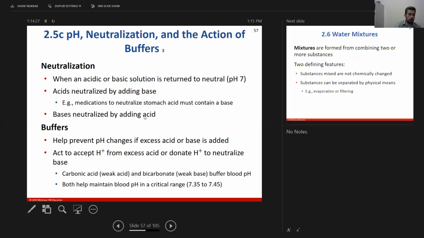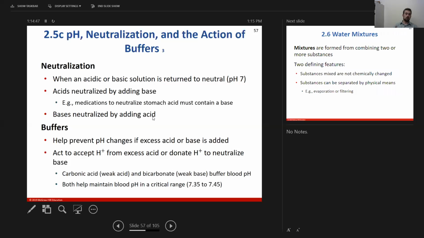Neutralization, that's when your acidic or basic solution goes back down to neutral. And a buffer is going to kind of go both ways. So for example, you've got a lot of buffers in your blood. You've got carbonic acid and bicarbonate in your blood, and that's going to help maintain your blood pH.